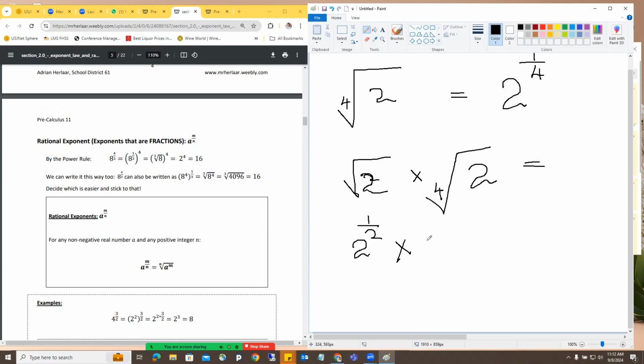The first step would be 2 to the power of half into 2 to the power of 1 over 4, no? And then you can add these two powers together. Half plus 1 over 4, there we have 2 to the power 3 over 4. It's clear, right?